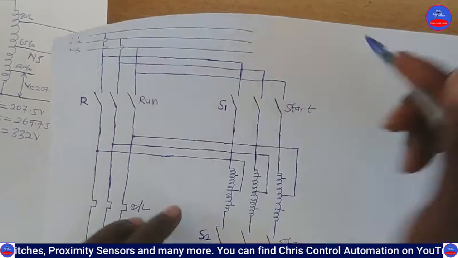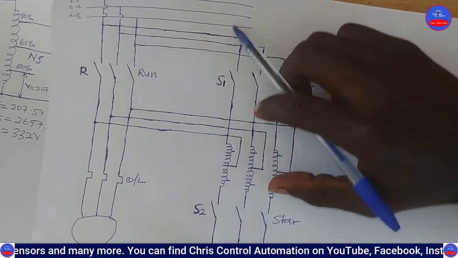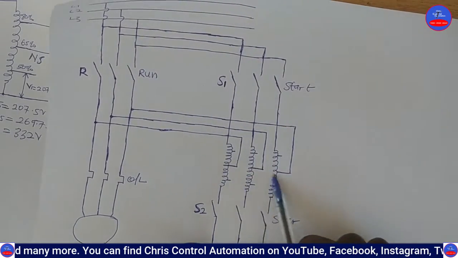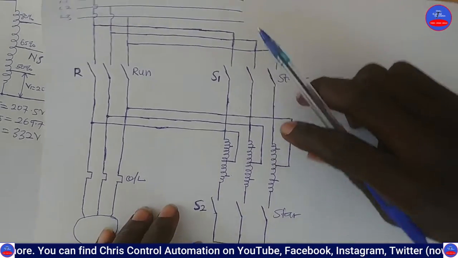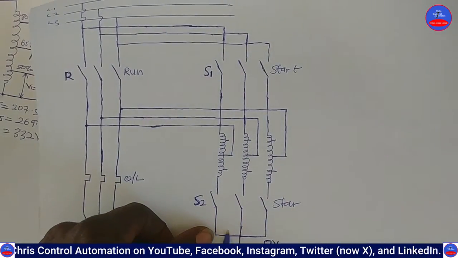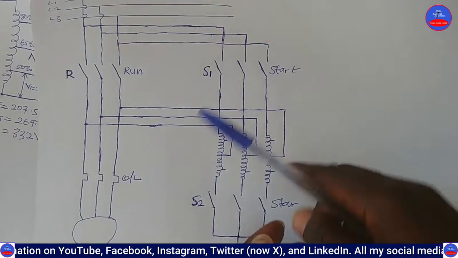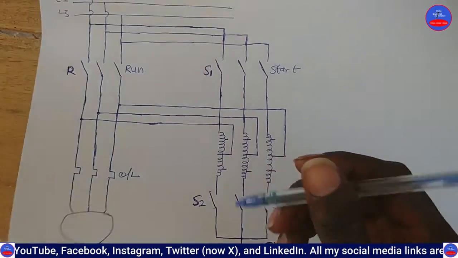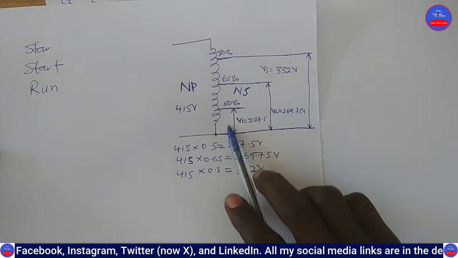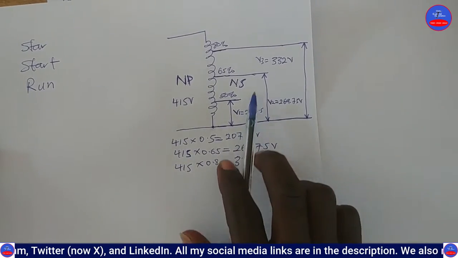So when it closes, it means that we are getting a reduced voltage here, based on the tappings. So we have the 3-phase voltage applied here. This will be a common point, a 0 point. When you put a meter here, and here, you get different voltages per the percentages, as I told you. Definitely you should get these voltages.